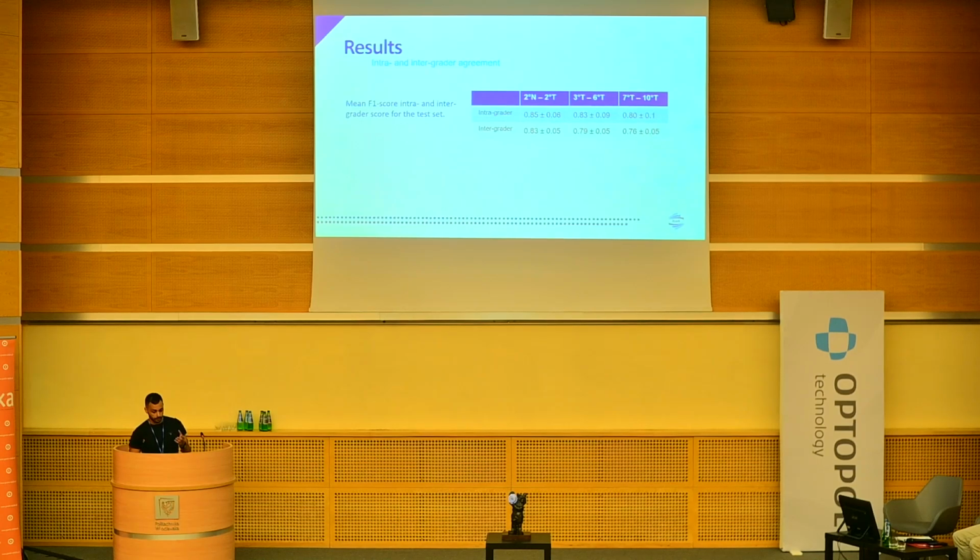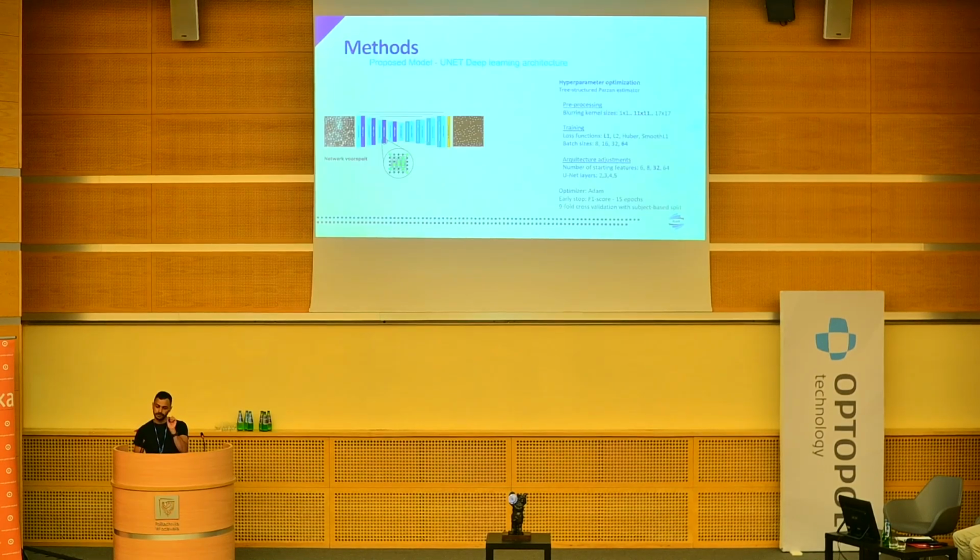And then we checked the intra- and inter-grader agreement. But let me make one step back, because we had the results of the model, and we wanted to know how good the model was. When you check the literature, there are no AI models published so far for the detection of the cones. And a way to see how good the model is, is to look at intra- and inter-grader agreement first.